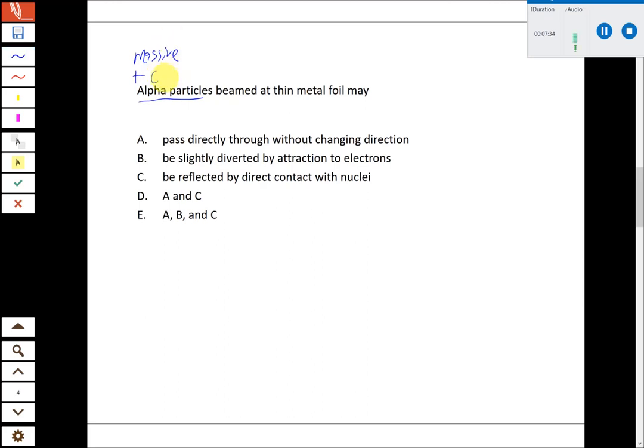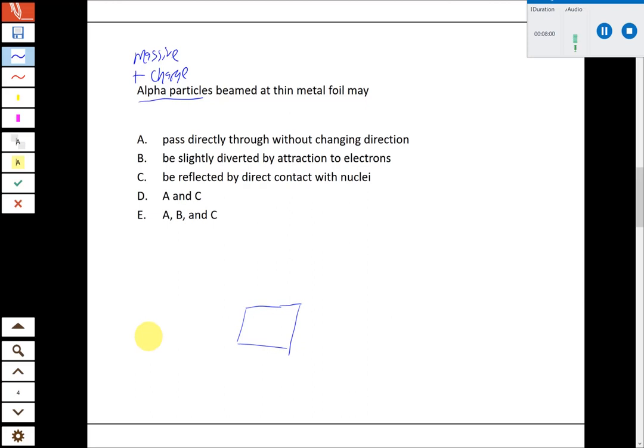We don't need to know much more about their structure than that for now. And so Rutherford shot these very energetic particles at a thin metal foil. I think it was gold that he used. This question just talks about what the possible experimental observations are. So again, he had a source of alpha particles, and he's going to direct them at a metal foil.